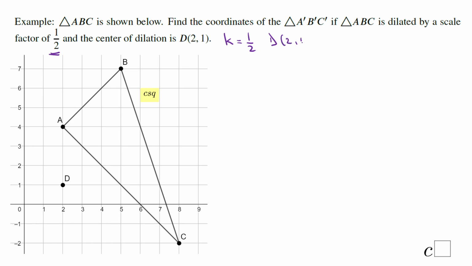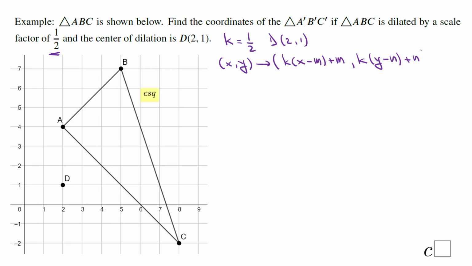Now, let's write that formula I had before and let me describe it a little bit. (x, y) becomes what? (K(x minus M) plus M, and remember we have a parenthesis here, very important, and very similar, K(y minus N) plus N).